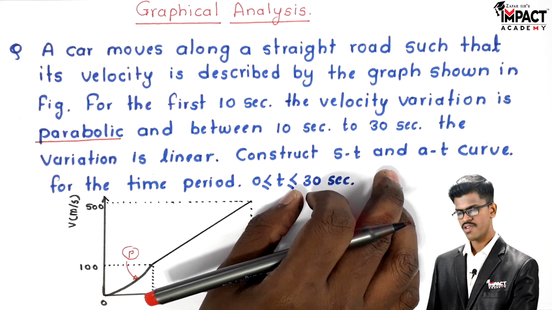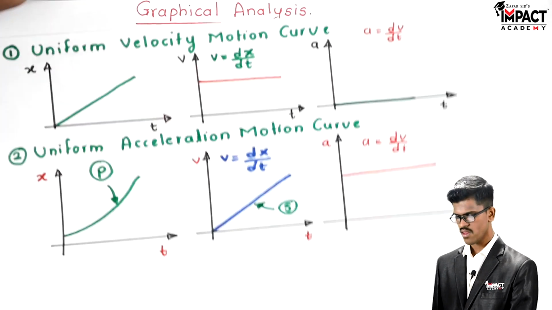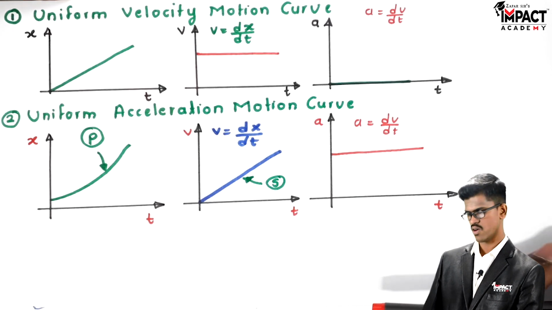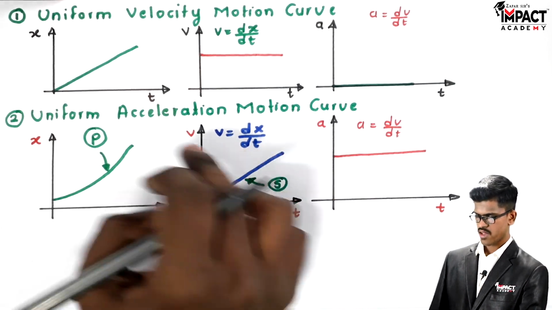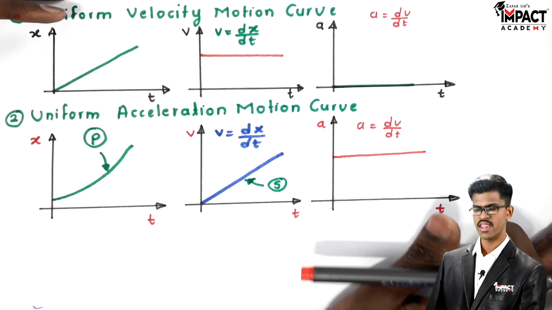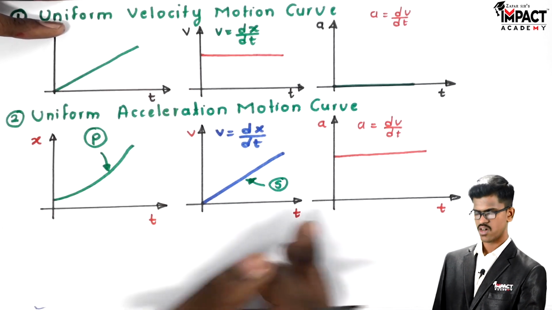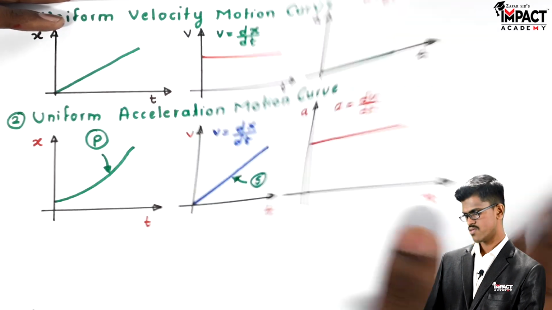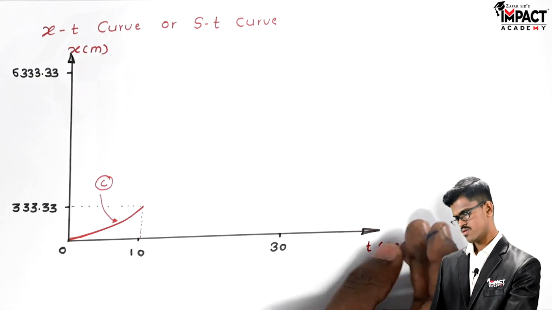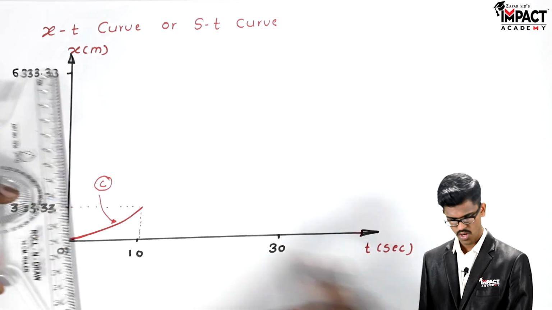Okay. So if we see the standard motion curve for uniform acceleration motion, the nature of the VT curve is an inclined straight line. Then the nature of the XT curve will be parabolic in nature. So we draw a parabola here.